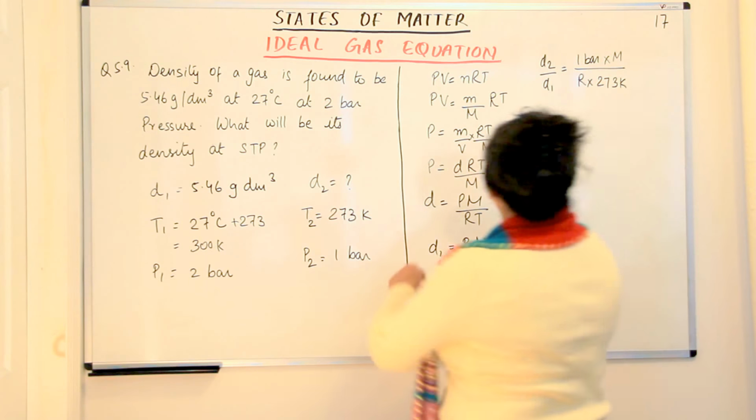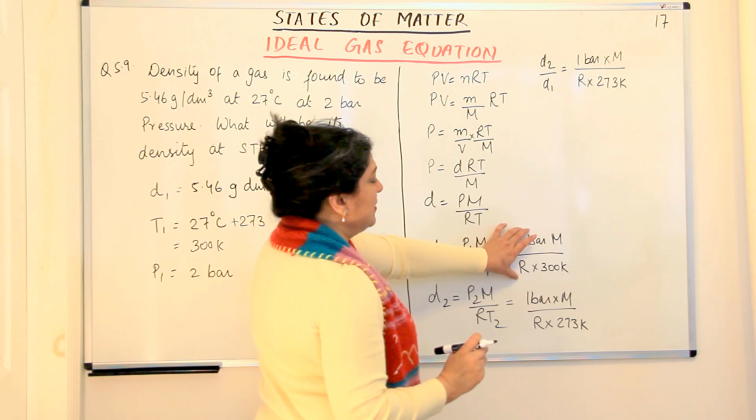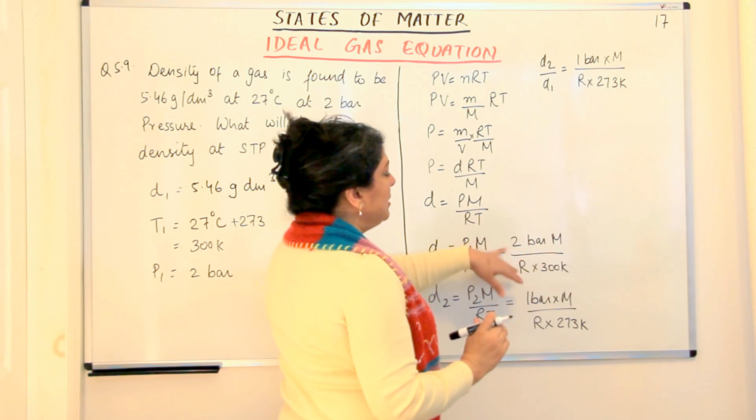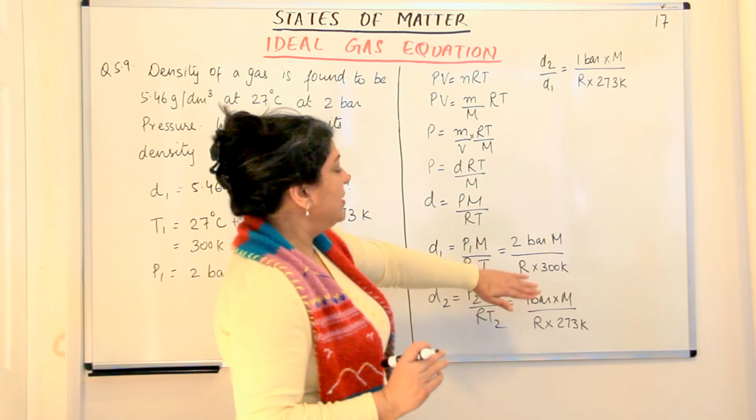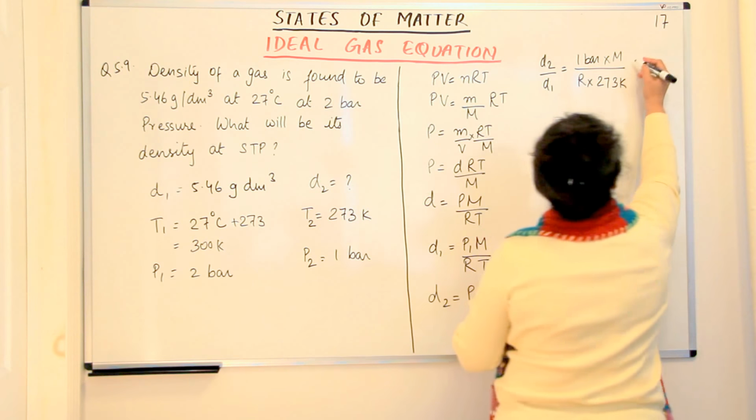If you have to divide anything by D1 and it is present in this form, what do we do? We multiply by reversing, making the numerator the denominator and the denominator the numerator.